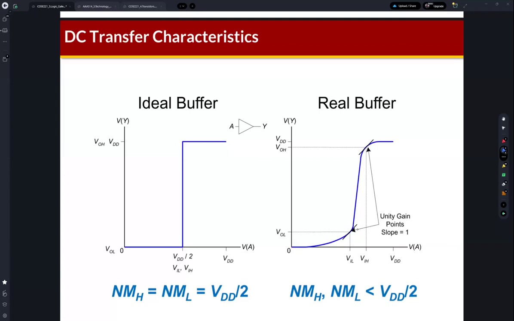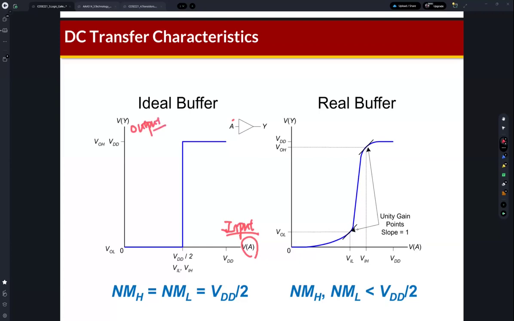In this graph, as you can see, this is the buffer, this is the input voltage, and this is the output voltage.